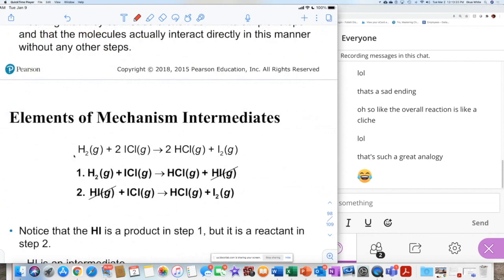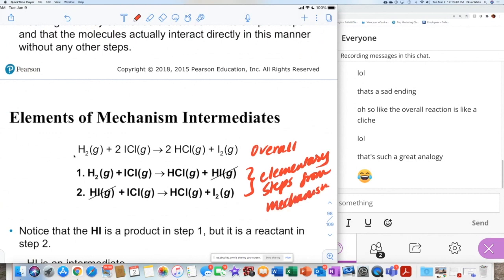Okay, so they're showing you here, how do you get the whole from the parts? This is the overall reaction. Once again, these two are the elementary steps from the mechanism, right? So they're showing you here that if you add the two elementary steps, you end up with the whole overall reaction, right?